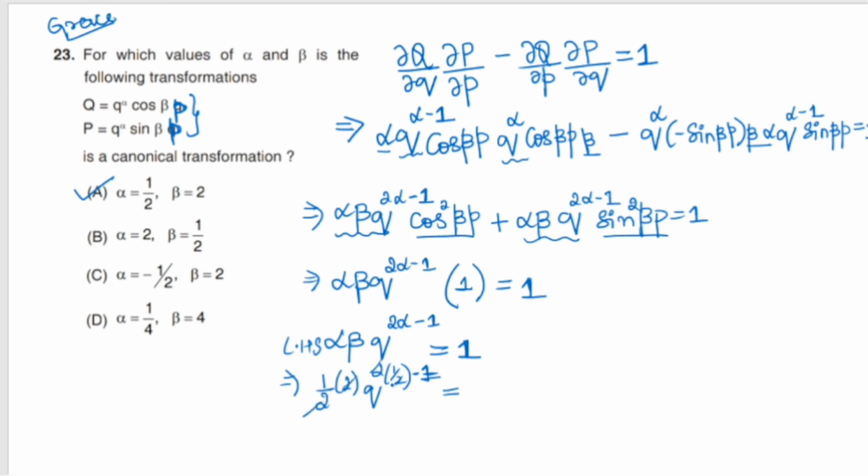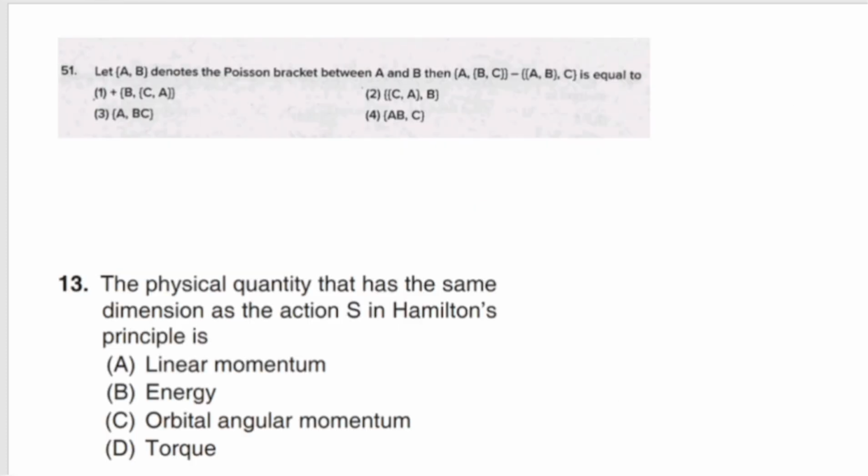What is left? q to the power of 1 minus 1. q to the power of 1 minus 1 is q to the power of 0. q to the power of 0 is nothing but 1. So this is our RHS, right? LHS is equal to RHS. So the first option here is correct. So the first option is the correct option. So there was a mistake in the question, nothing else. Let us move to the next question. They have given that the Poisson bracket of a comma b denotes the Poisson bracket between a and b.